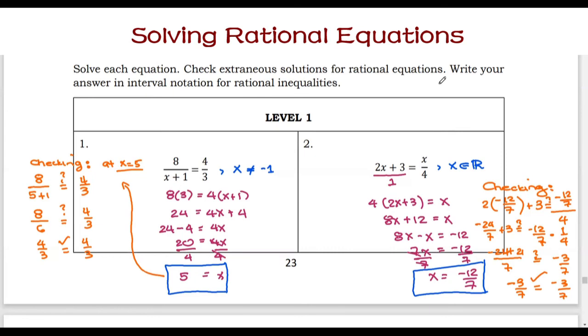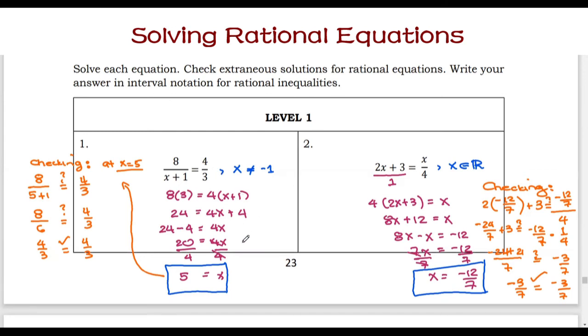So I solved some rational equations found in your module. Let me discuss this as fast as we can. Yan, may leveling pa. So level 1, here we have one rational expression on one side and one rational expression on the other side. So here I cross multiply.